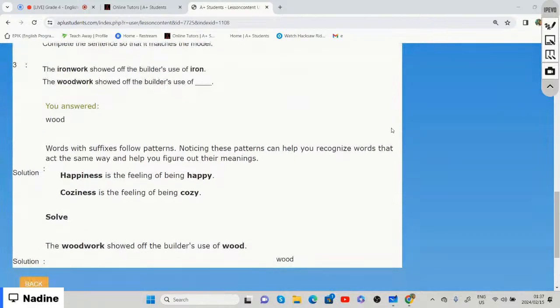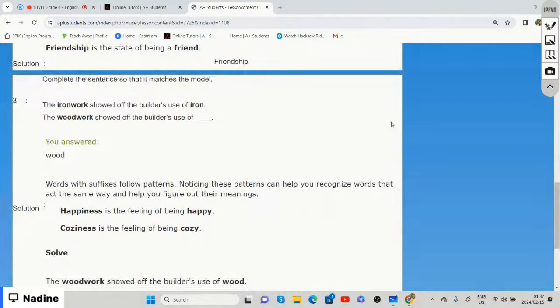Let's do this last one and then we're going to the test. We need to complete the sentence so that it matches the model. The ironwork showed off the builder's use of iron.